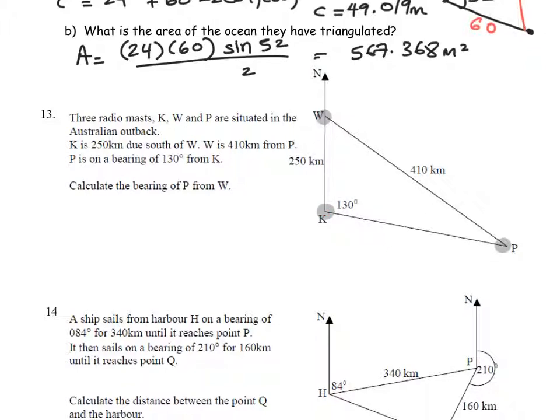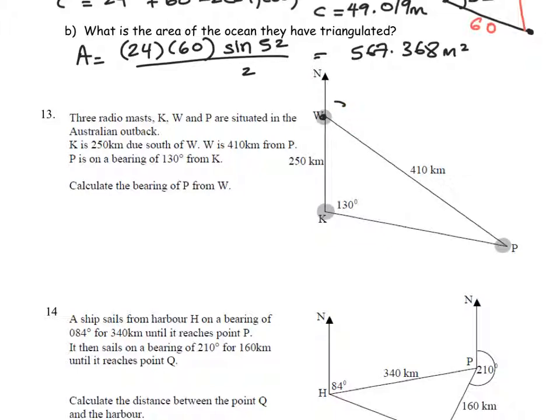W is 410 kilometers from P. P is on a bearing of 130 from K. So from K, you draw north, and then this is 130 degrees from K. Calculate the bearing of P from W. So basically, they're asking, from W, what is this angle?